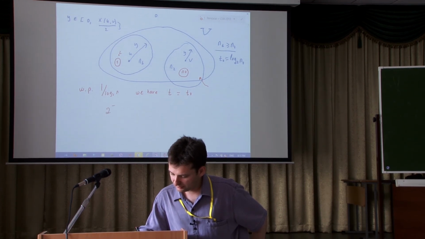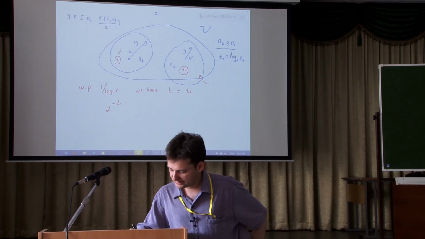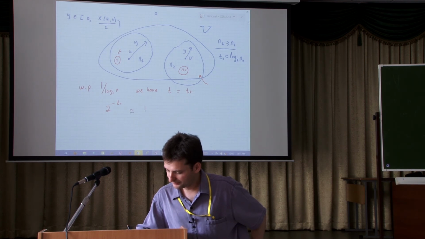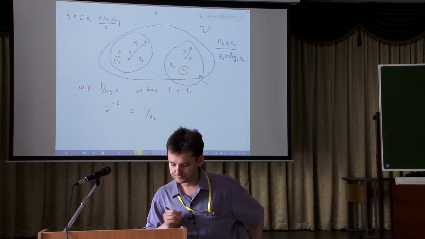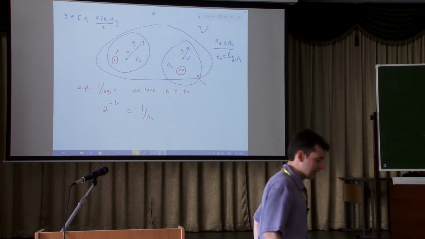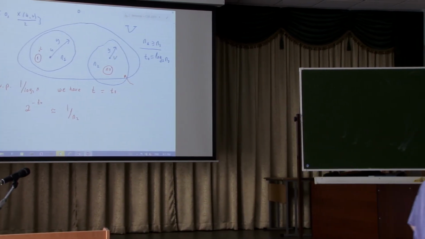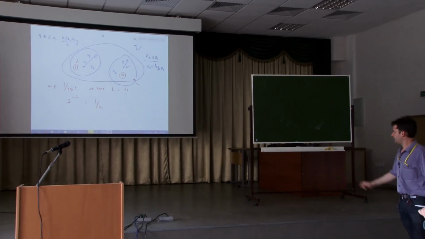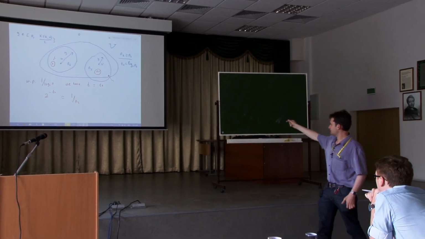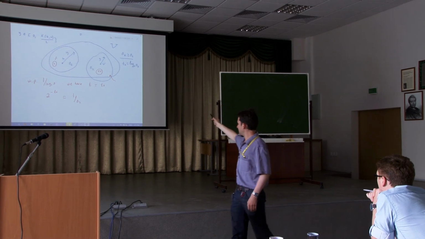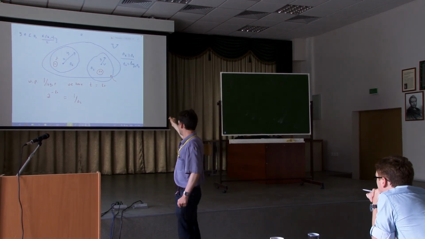And obviously, the probability we are picking every point, because T is equal to T0, is 2 to the power of minus T0, which is approximately 1 over N2. And so, of course, if we pick all points with probability roughly 1 over N2, then there is a constant probability that there will be no points in the right ball.